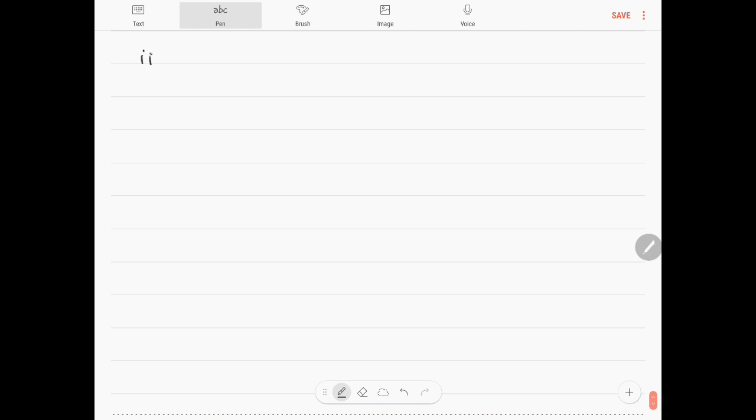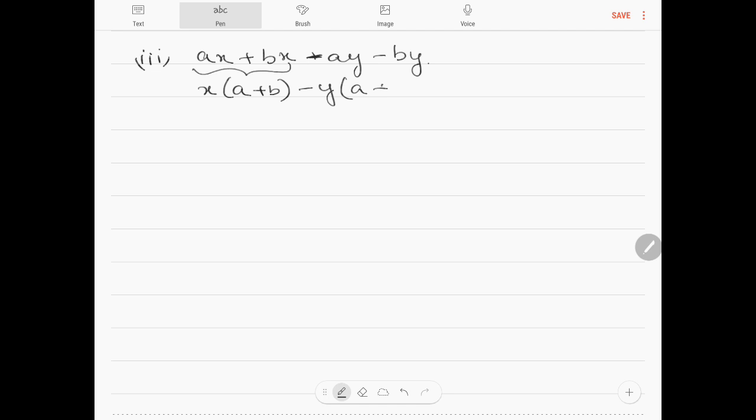Problem number 3, ax plus bx minus ay minus by. From these two terms we can take x in common, which gives a plus b. Here we can take minus y in common, which will be a plus b, because plus into minus will become minus.